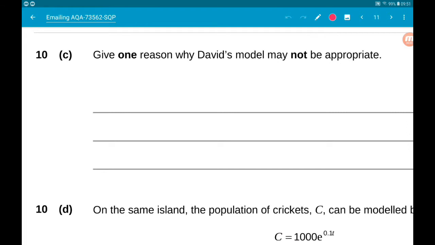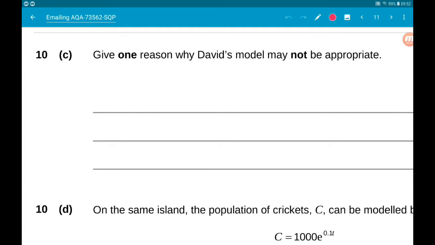Okay, then 10c asks us to give one reason why David's model may not be appropriate. So I can think of 2 things here. The time period that he's investigated the population over is incredibly short. It's only 3 years. So to make it more reliable, study the population over a longer time.